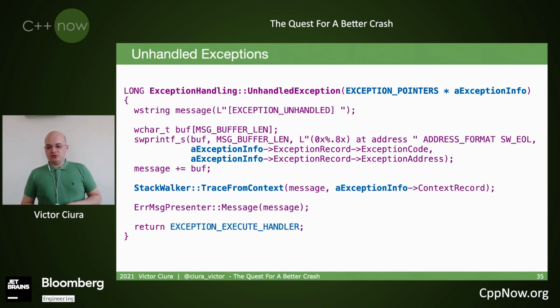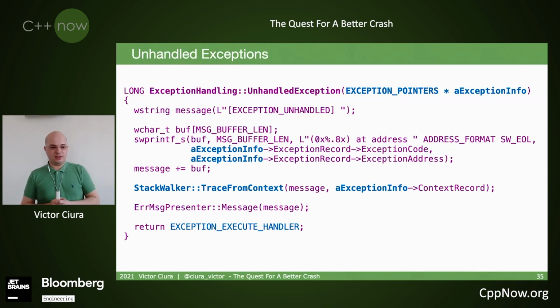This is how an unhandled exception handler might look. You get a pointer to an exception pointers structure that's defined in the SDK. And for example, here we inspect some of the bits in this structure. I'm going to explain later what these are.